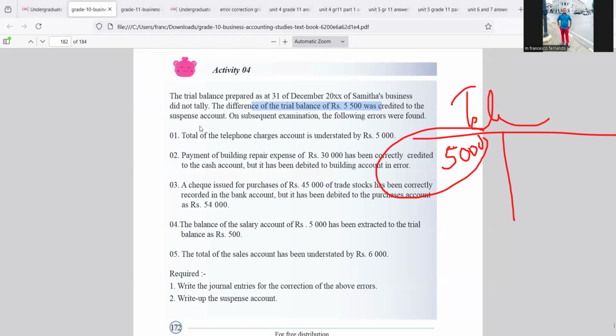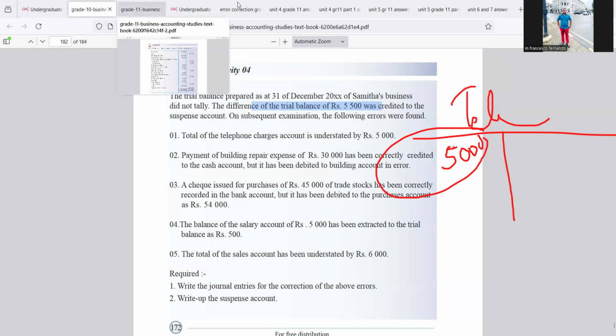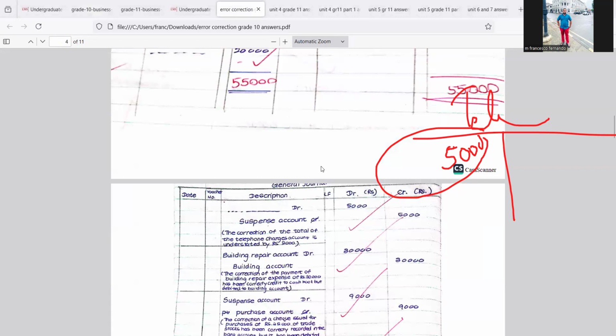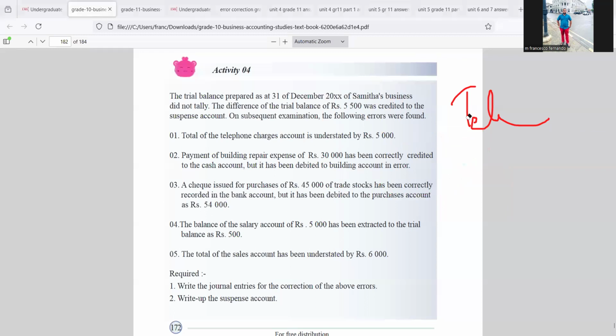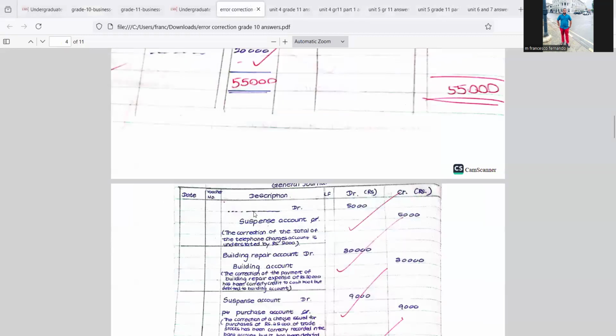That is for the first transaction. Here it's better to assume it as a trial balance one. Since they have mentioned the total of telephone charges, we will take it as a trial balance transaction. So the trial balance should be debited. We write dot dot dot debit and suspense account credit.